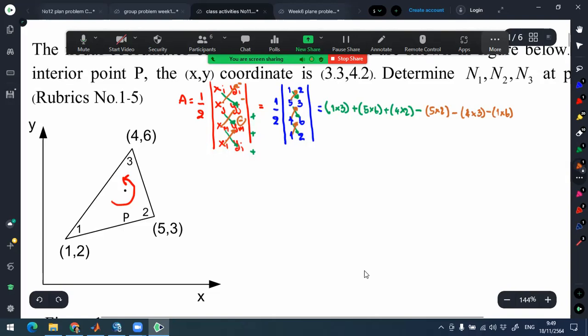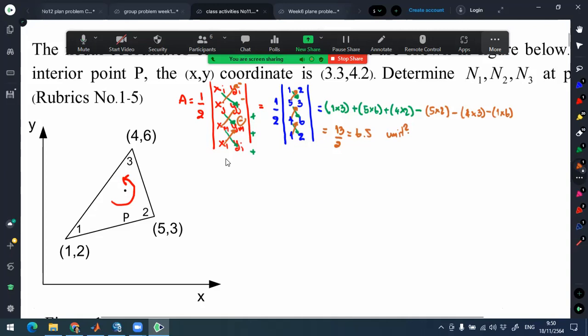After that we have the area equal to 13 over 2, that becomes 6.5. For this problem the unit is not defined, so the area is unit squared, right?